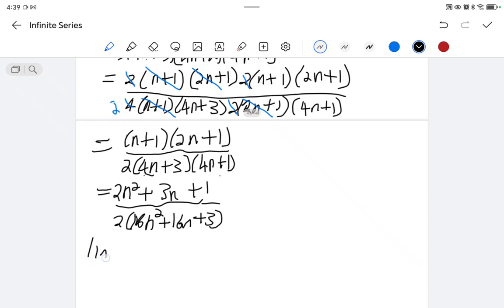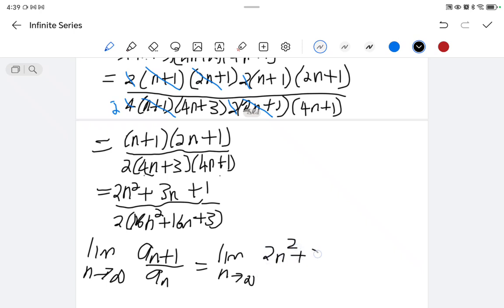The limit for n approaches infinity of a of n plus 1 over a of n would be equal to the limit as n approaches infinity over 2n squared plus 3n plus 1, which will be all over. So I can take out this 1 over 2, right? Because there's 1 over 2 in the denominator. Then I'll have 16n squared plus 16n plus 3.